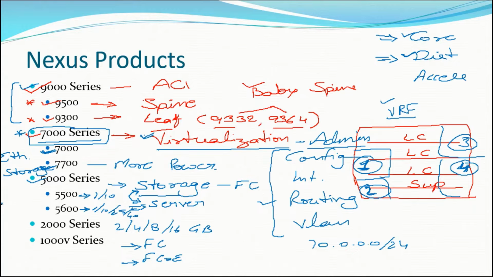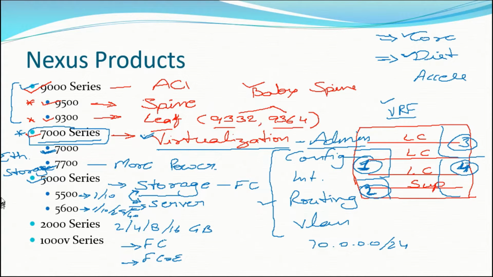How FCoE works, how FC is going to work, and what helping components are used for FC connectivity. Right? So this is a very high level of the Nexus 5000 series. We'll discuss in the upcoming class how the Nexus 5000 series of switches work.